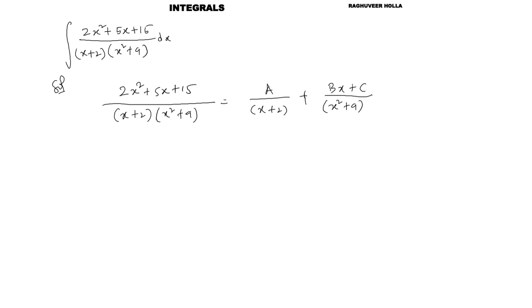Now let us take this as 2x² + 5x + 15 is equal to A multiplied into (x² + 9) plus (Bx + C)(x + 2).